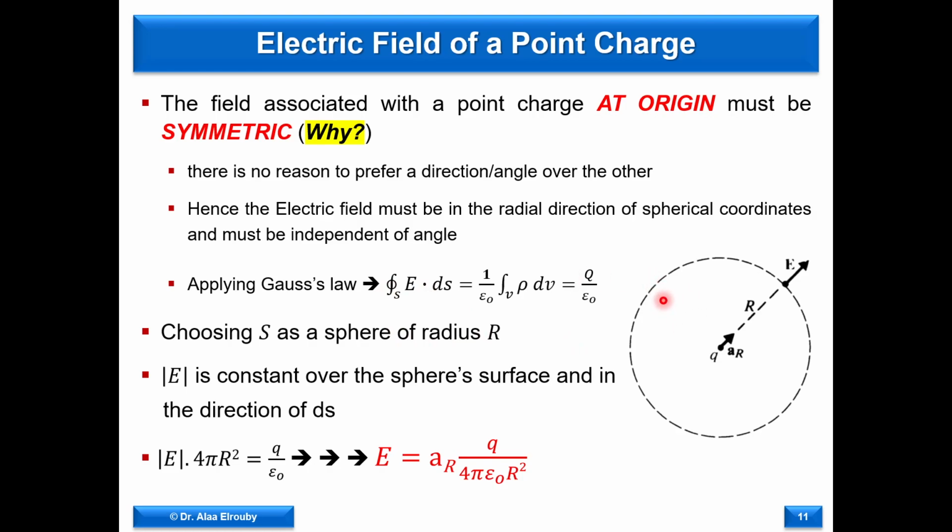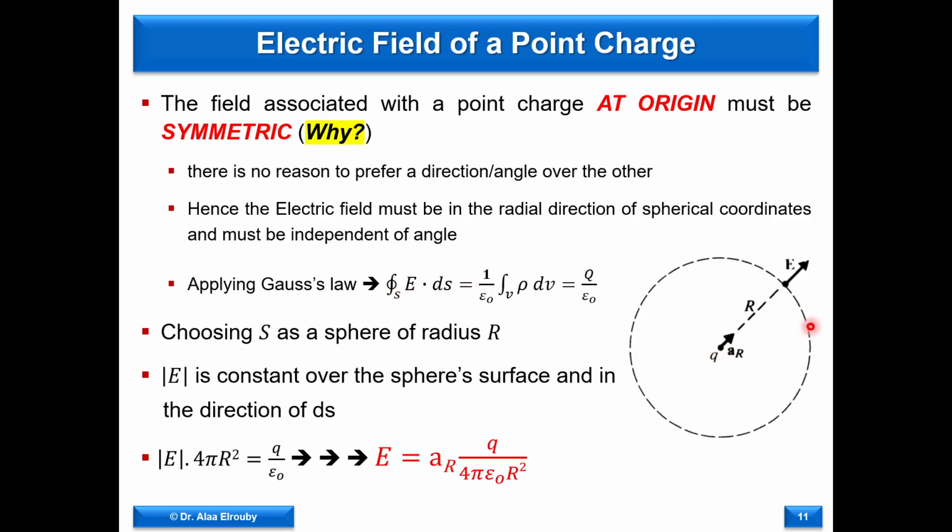So I choose the surface to be a sphere with the center at the origin. On this sphere, the electric field at any point is the same. Why? Because of the symmetry of the source, which is a point charge.